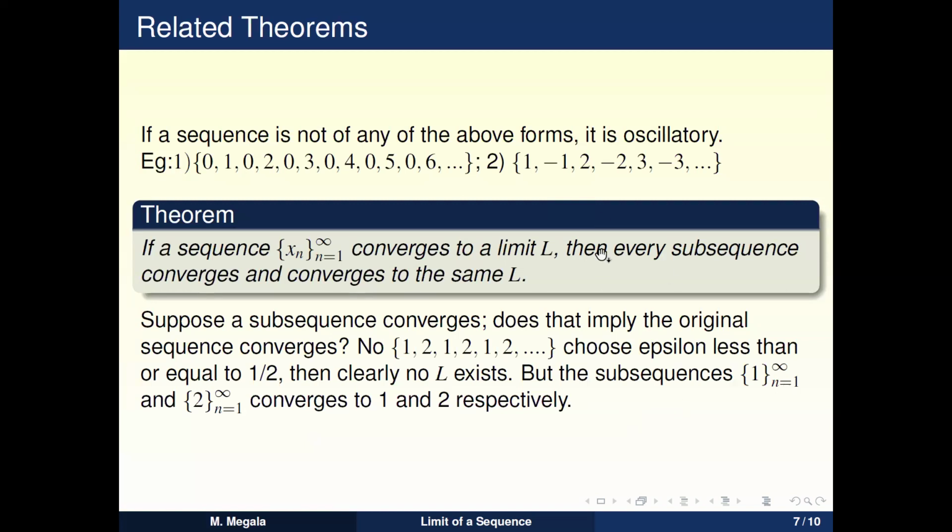From this theorem we can say: if a sequence converges, every subsequence converges to the same L. So if I have two subsequences converging to two different limits, then directly I can say the original sequence will not converge. We can understand that from the theorem or from this example.